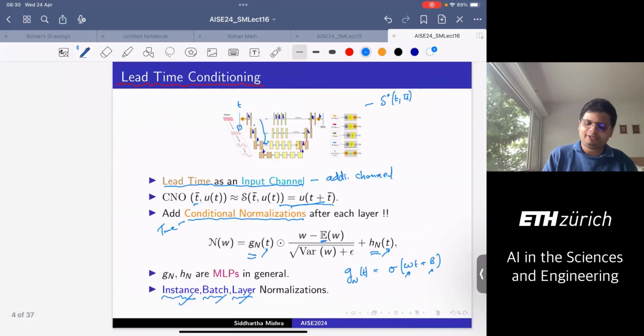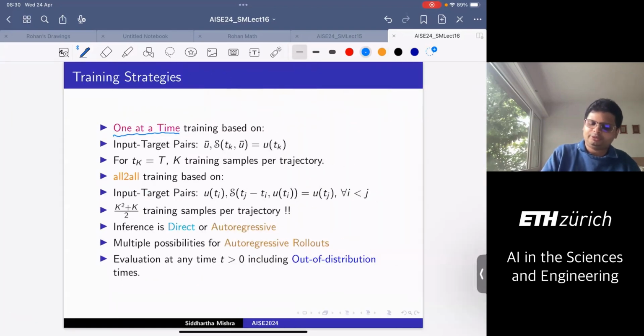So perhaps I can write it down here: you have a trajectory, u at tk, with k from 1 to capital K. This is what is given to us. Whenever we have been given data, we have been given trajectories like this.